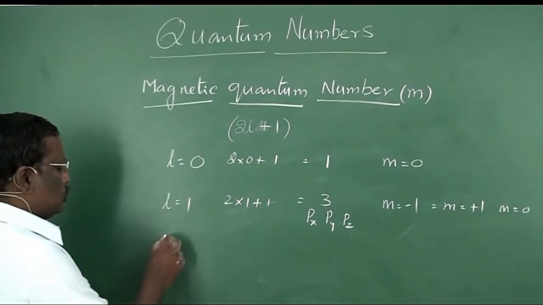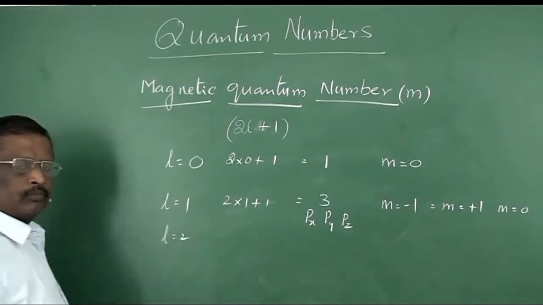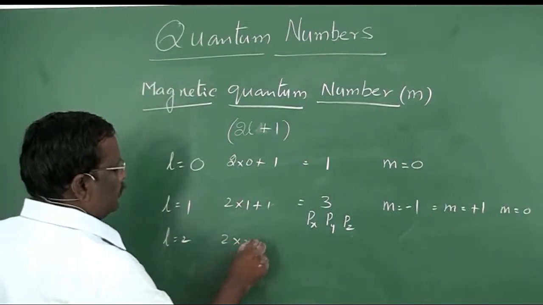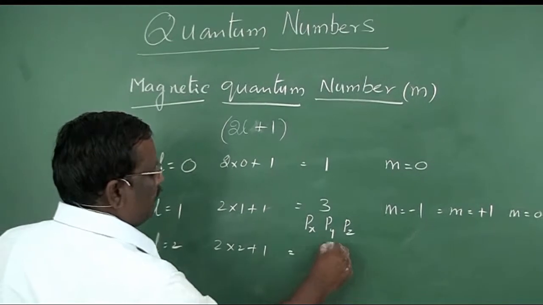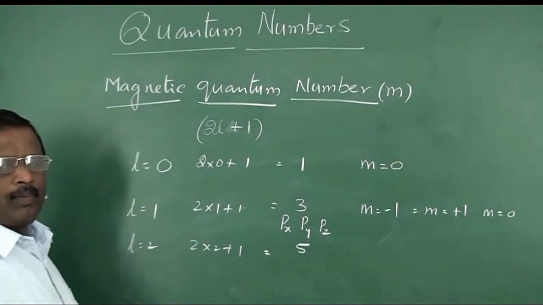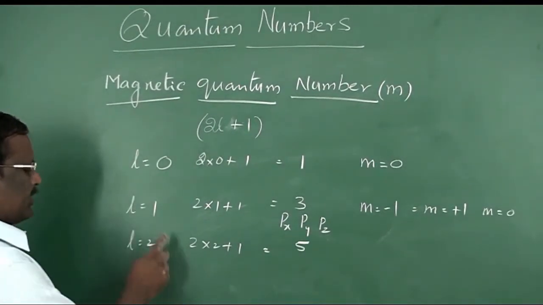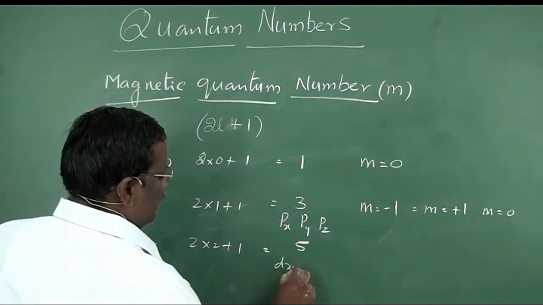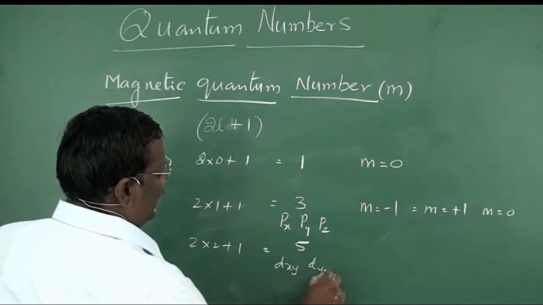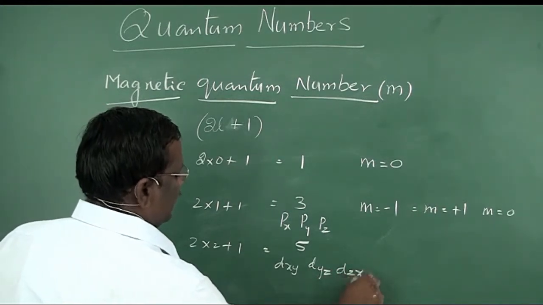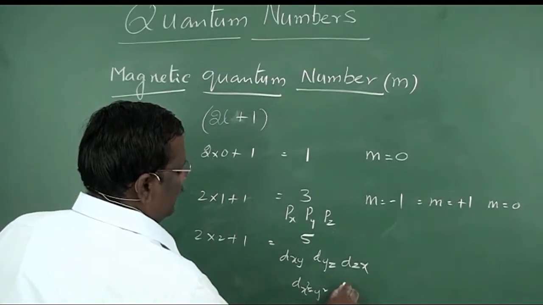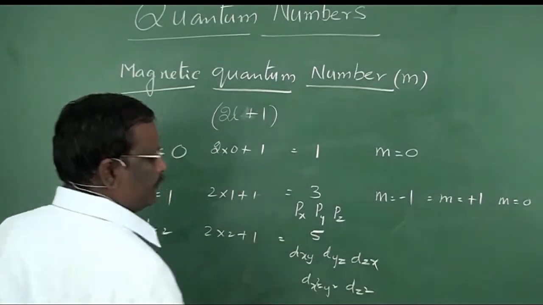If the L value is 2, it will have 2 into 2 plus 1, that is 5 orbitals. That means in the d sub-energy level, you have 5 orbitals. They are dxy, dyz, dzx, dx square minus y square, and dz square.